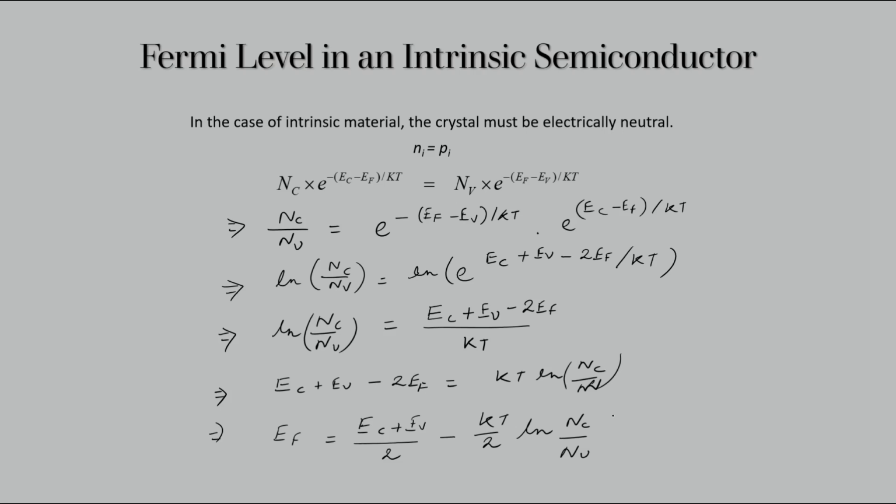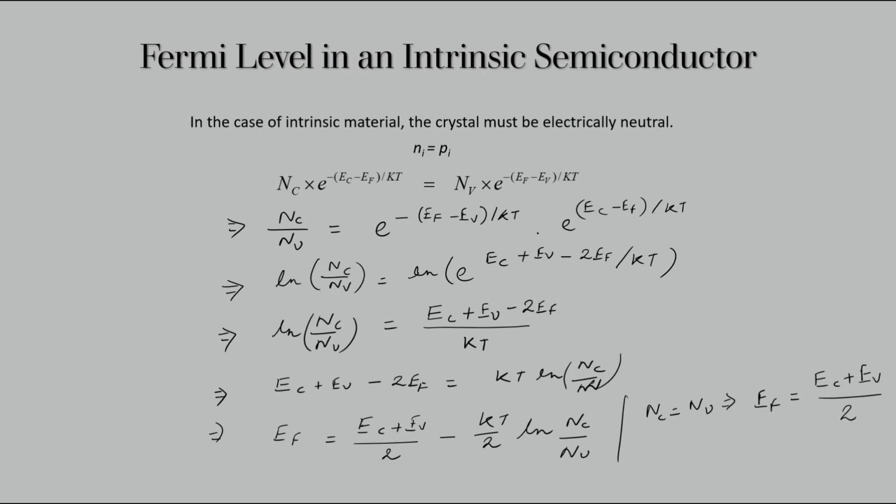Now, as we know, in case of an intrinsic semiconductor, the value of Nc equals Nv. So what we have here is that this term will become 0 because ln of 1 is 0. So what is left is (Ec plus Ev) divided by 2.